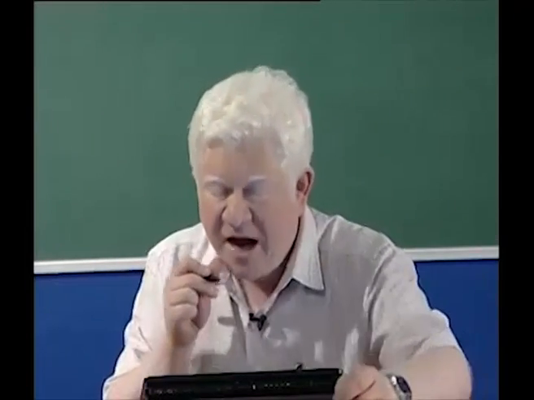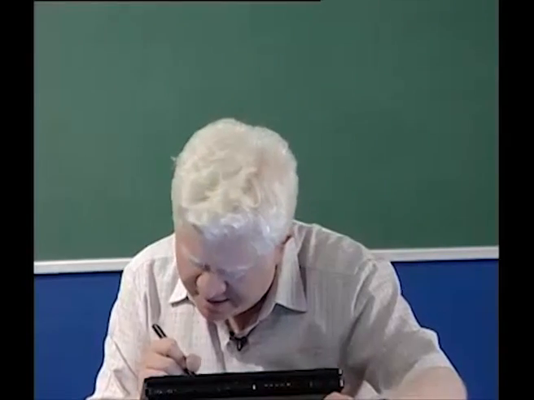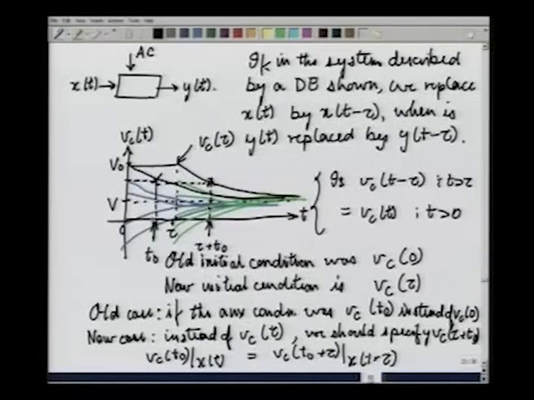Let us go back to the diagrams that we had in the previous pages. Let us look at this diagram. Now, here we have shifted the input and we therefore know that the correct answer is this particular curve.